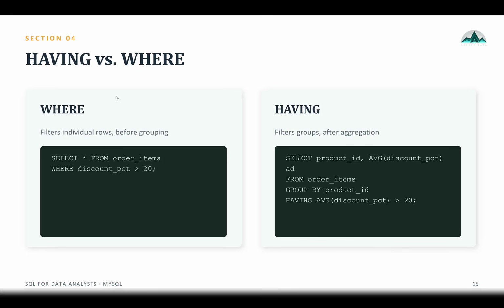So sometimes instead of having average discount, you would alias this as a name and then add it here. But sometimes you actually have to use the aggregation depending on the database management system. So having is filtering aggregated results, while the filter that we use for unaggregated results is where.